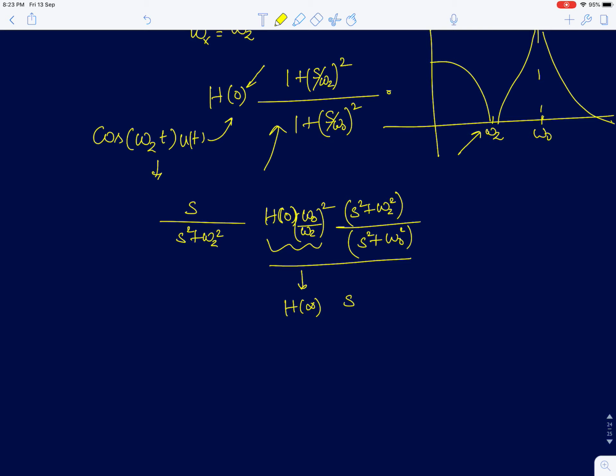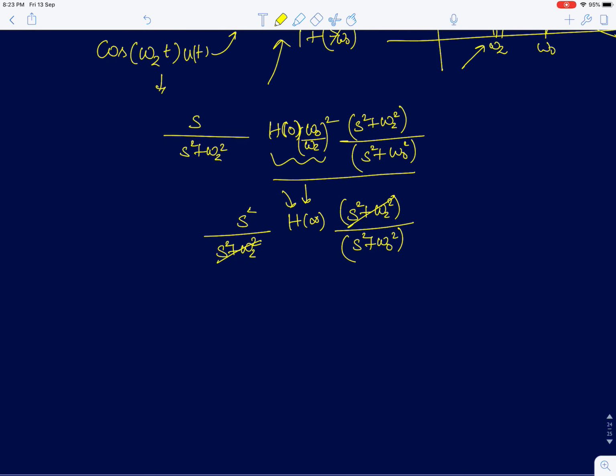Now h infinity into (s square plus omega z square) by (s square plus omega naught square) is the second order lossless transfer function written using the high frequency gain h infinity. Now if I multiply this with the input Laplace transform, these two terms would cancel out. So you would be left with h infinity into s by s square plus omega naught square.